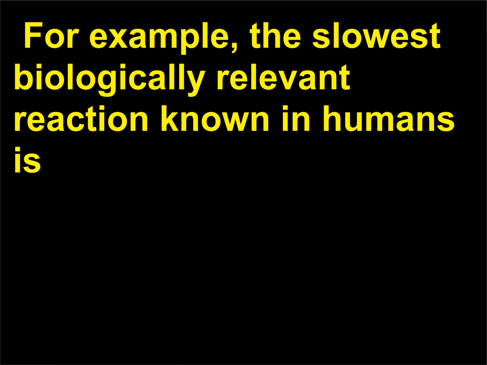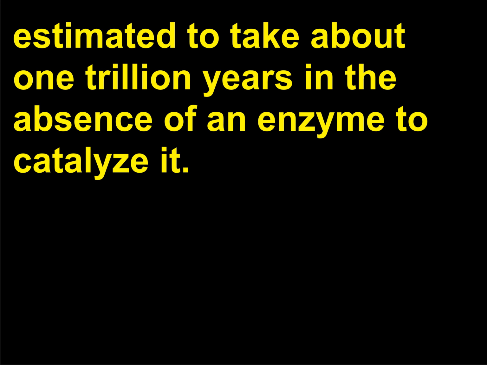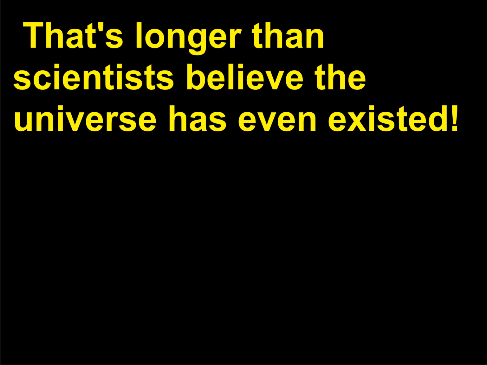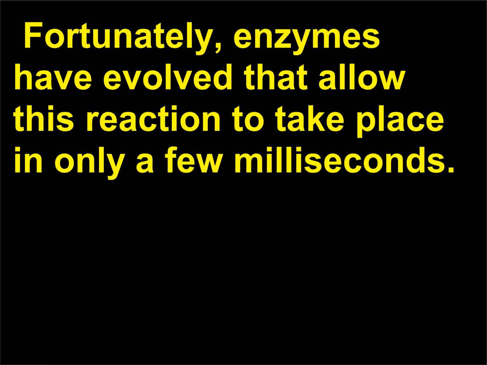For example, the slowest biologically relevant reaction known in humans is estimated to take about 1 trillion years in the absence of an enzyme to catalyze it. That's longer than scientists believe the universe has even existed. Fortunately, enzymes have evolved that allow this reaction to take place in only a few milliseconds.